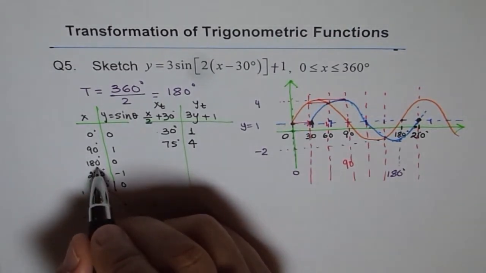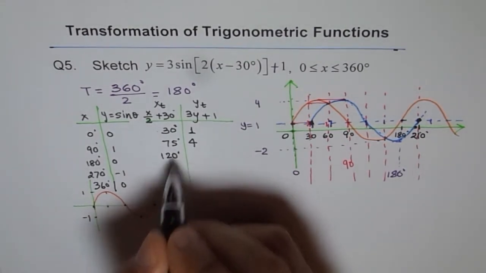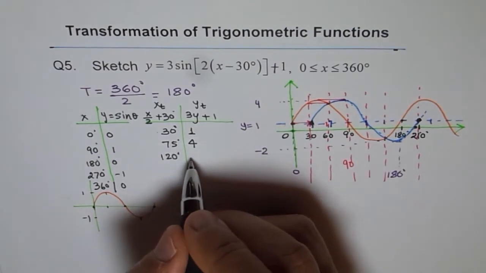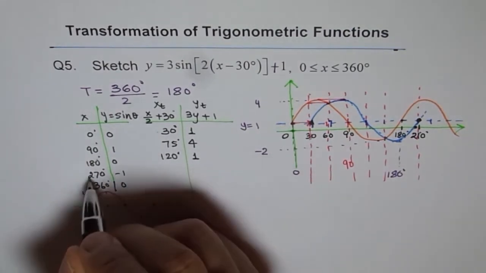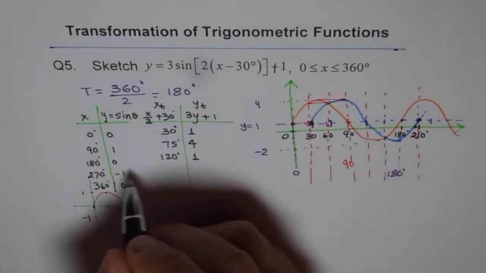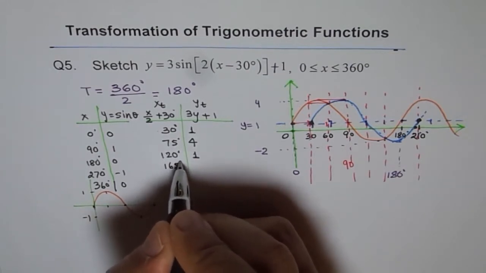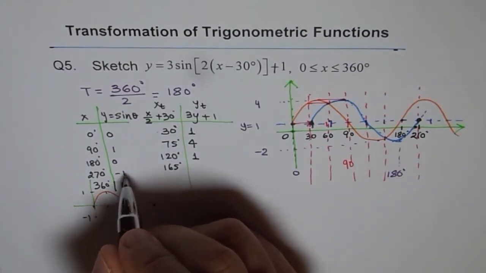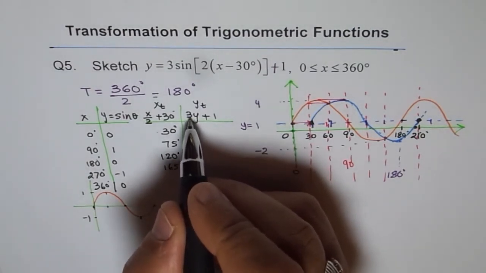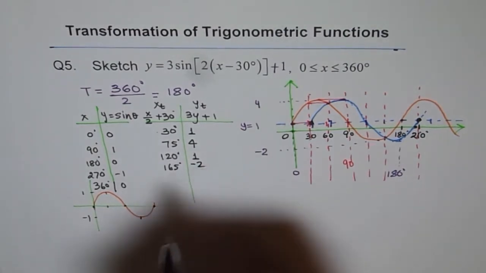For 180, half of 180 is 90, 90 plus 30 is 120 degrees. 0 times 3 is 0, and then you get again 1. For 270, half of 270 is 135, and 135 plus 30 is 165 degrees. And minus 1 gives me 3 times minus 1 is minus 3, minus 3 plus 1 is minus 2.